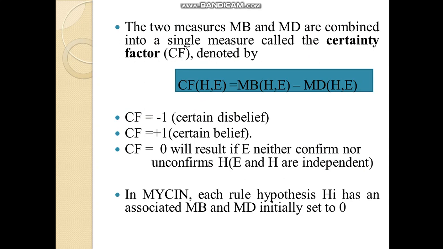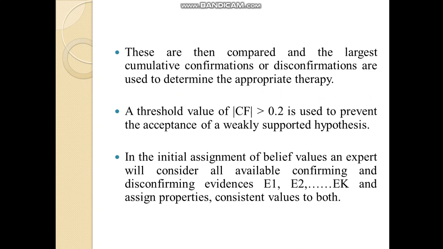In MYCIN, each rule hypothesis Hi has an associated MB and MD initially set to 0. These are then compared, and the largest cumulative confirmations or disconfirmations are used to determine the appropriate therapy.